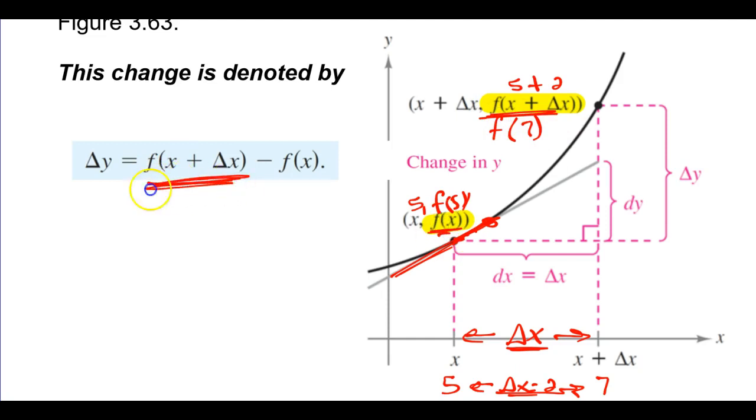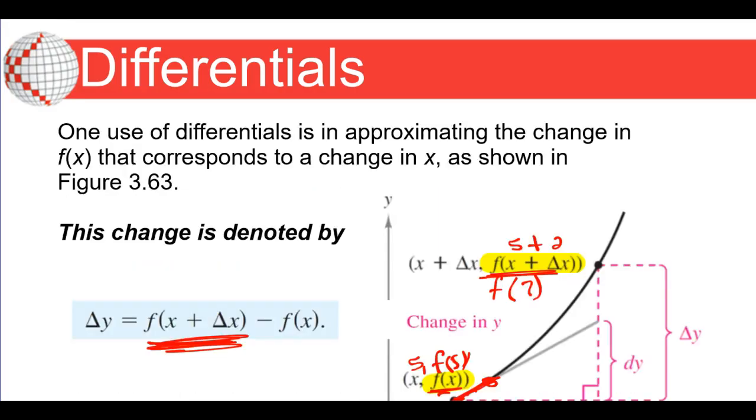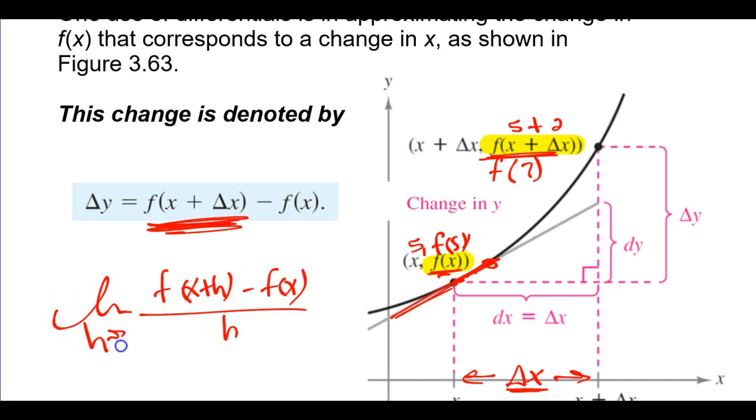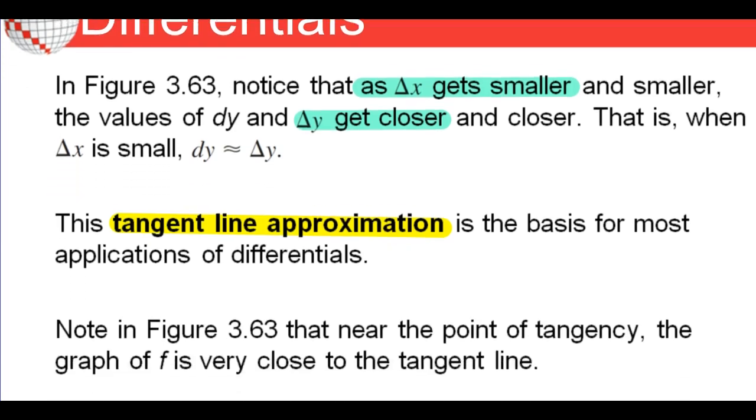But we're going to just put this in general forms, f of x plus delta x minus f of x. That's part of your difference quotients, if you remember that. We did that earlier, right? F of x plus h minus f of x all over h as the limit as h goes to 0. Well, h is that delta x, change in x that we're letting. So you've seen these formulas before.